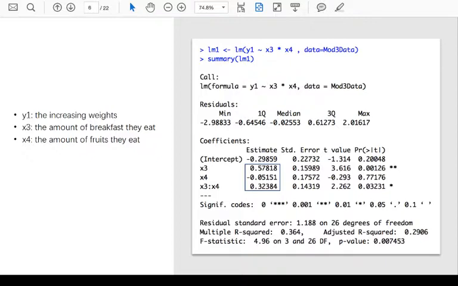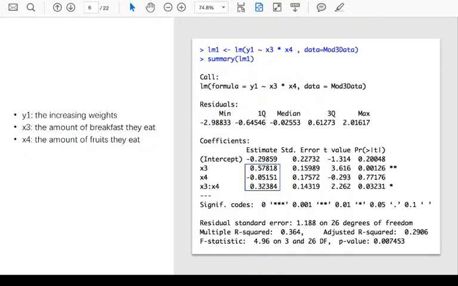The effect of breakfast is 0.5, the effect of fruits is about minus 0.05, and the interaction effect is around 0.3. We do the hypothesis test here and see that the effect of breakfast and the interaction effect are significant, while the fruit effect is not significant.